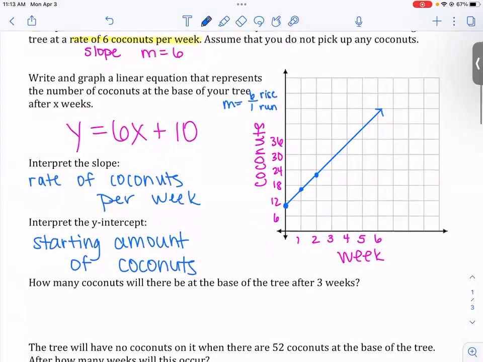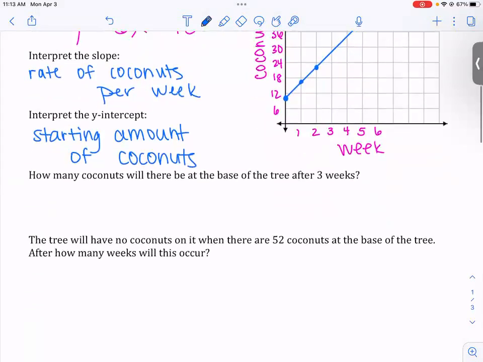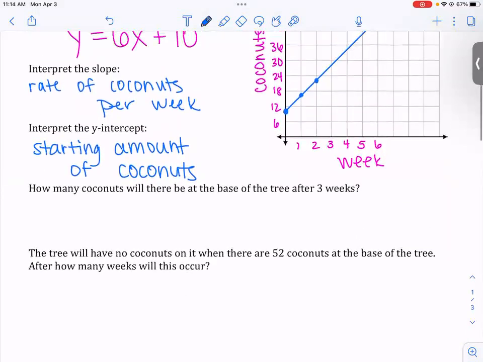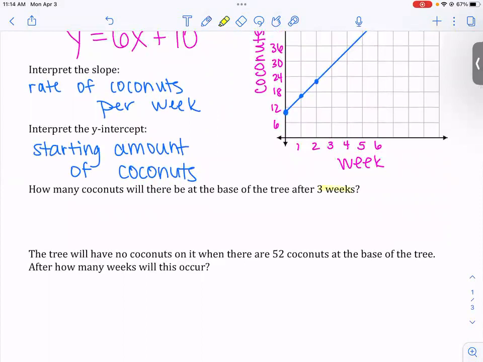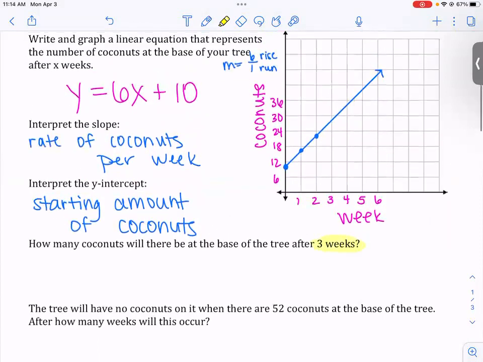Here's where it gets fun. I want to know, how many coconuts will there be at the base of the tree after 3 weeks? How do you know that? We can look at the graph, but I don't know if that's going to help us completely, or we can come up here.